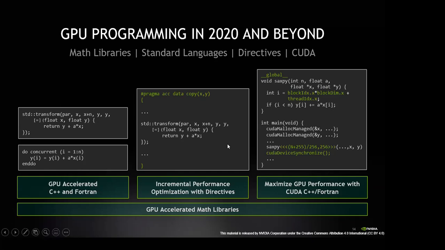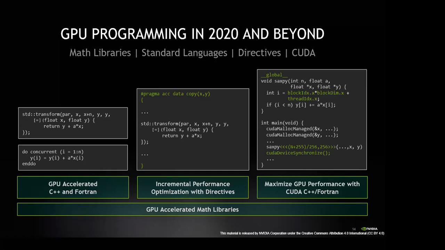The other way is to use directives. And here we are speaking about OpenACC, and this will be the main topic of today's webinar. OpenACC is both a programming model and a way to program and offload applications using directives.